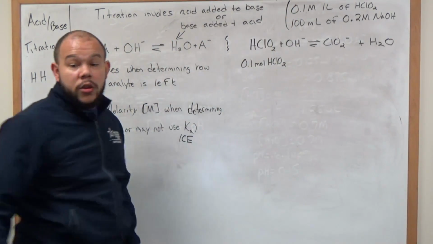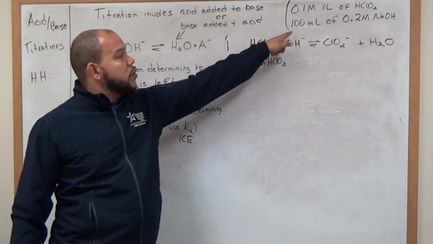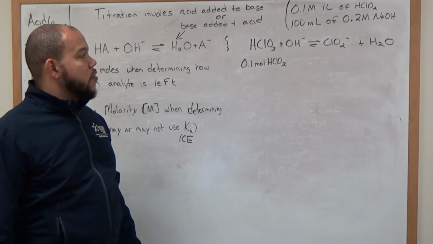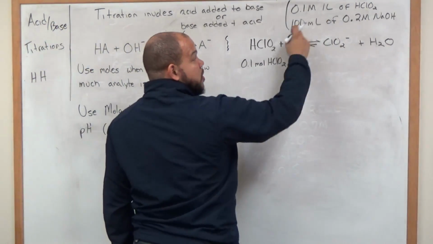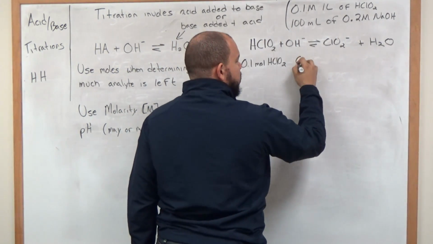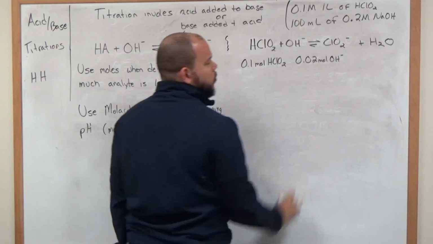We know that from the volume and the molarity. What about moles of NaOH? Moles of hydroxide, 0.2 times 0.1 liters is 0.02 moles of hydroxide.